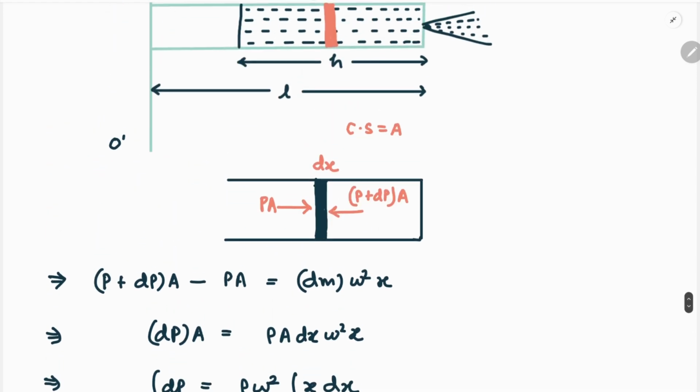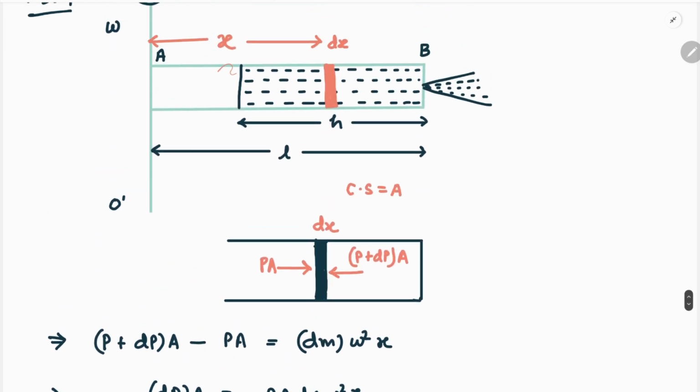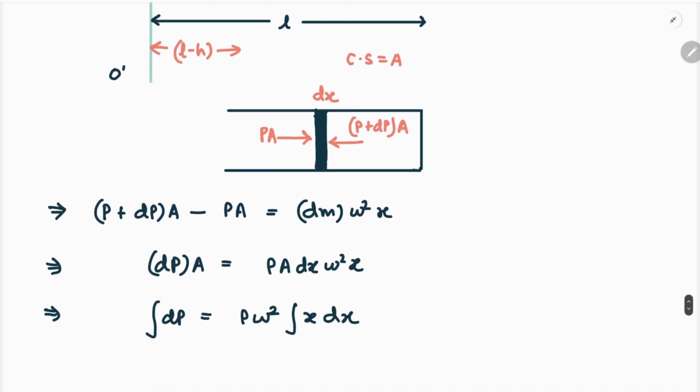Now atmospheric pressure is acting, as the problem suggests that end A is open and end B has a small orifice. So this point is at a distance L minus h from the axis of rotation, and the farther end is at a distance L from the axis of rotation.